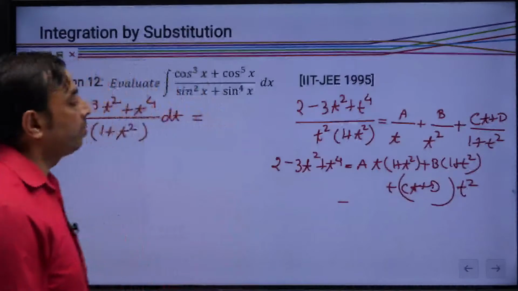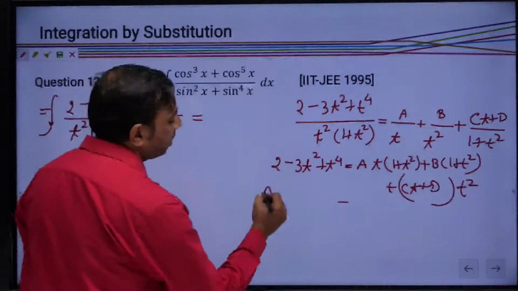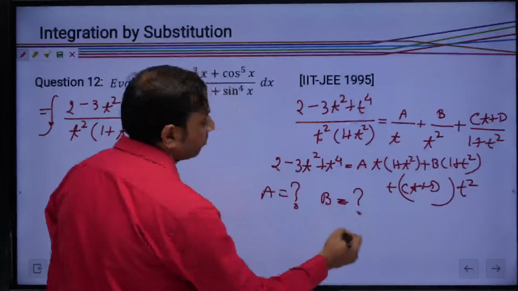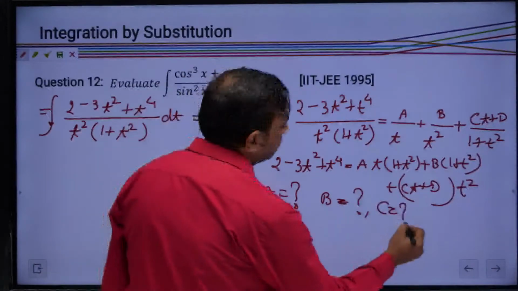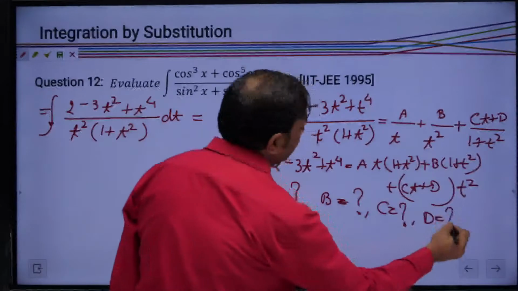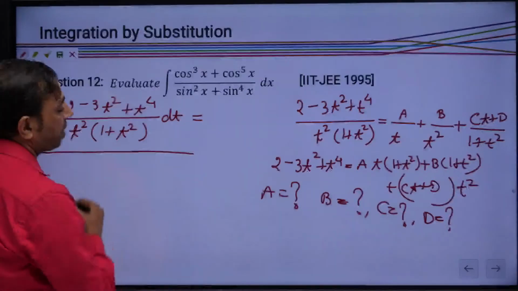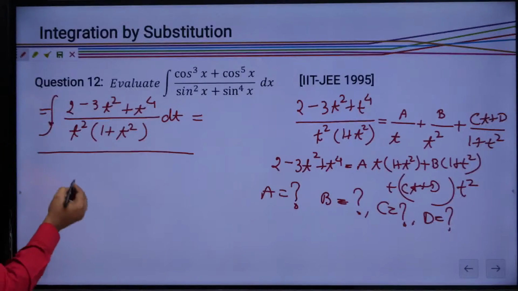And somehow we need to find a, b, c and d by using the partial fraction technique. After getting these a, b, c and d, we can convert this function into partial fractions, and then we can apply the formulas.